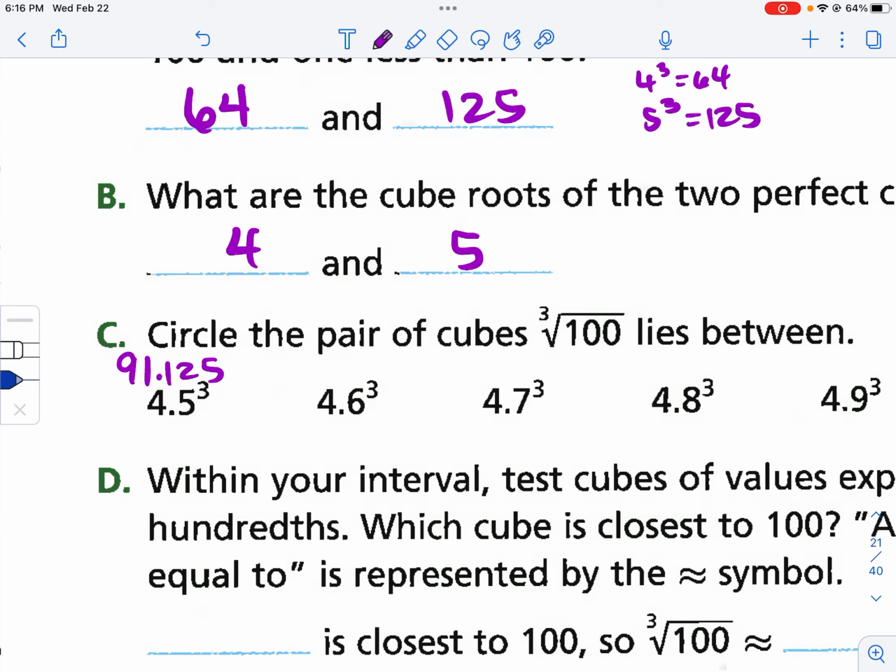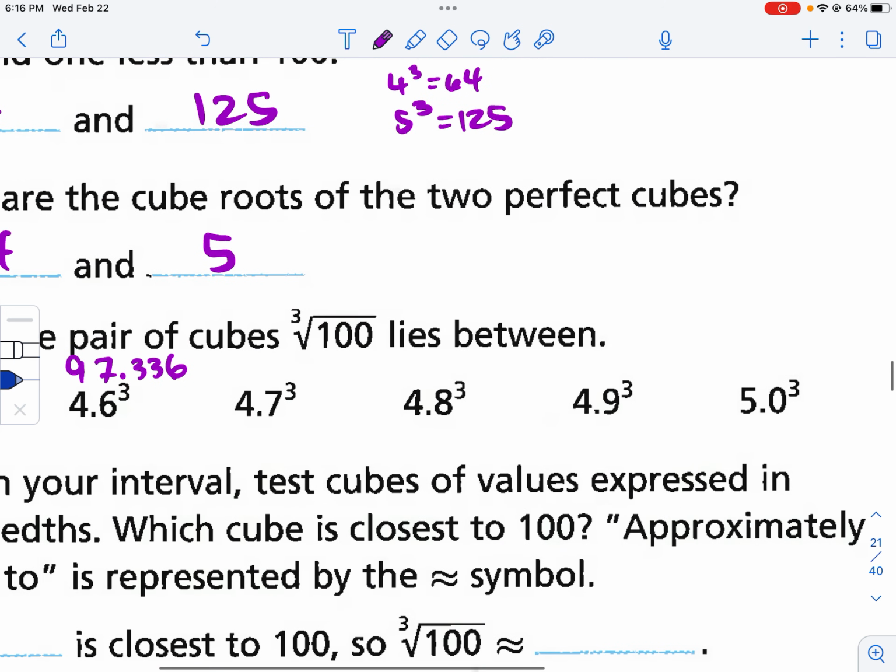Then, this amazing thing on your calculator that you can actually cube it: 4.6 cubed is 97.336. Then 4.7, I'm going to cube it, and I get 103.823. Okay, so it's between these two.